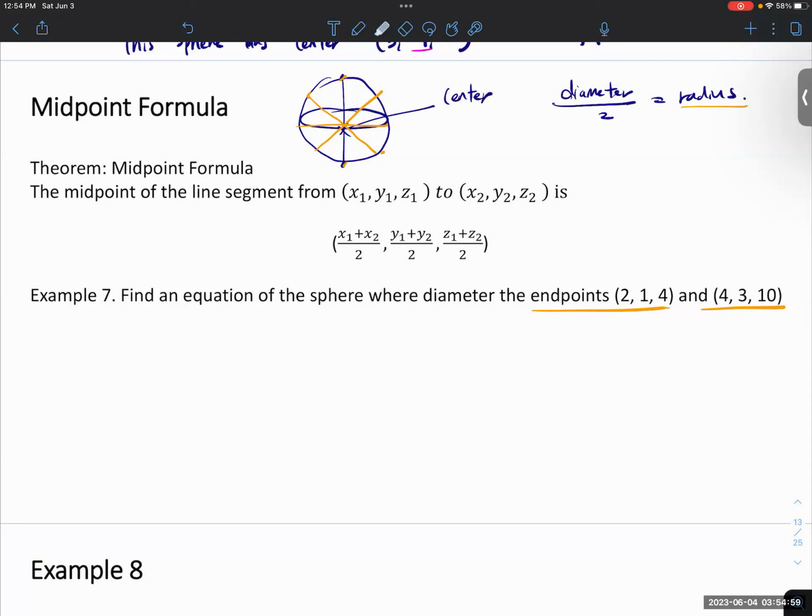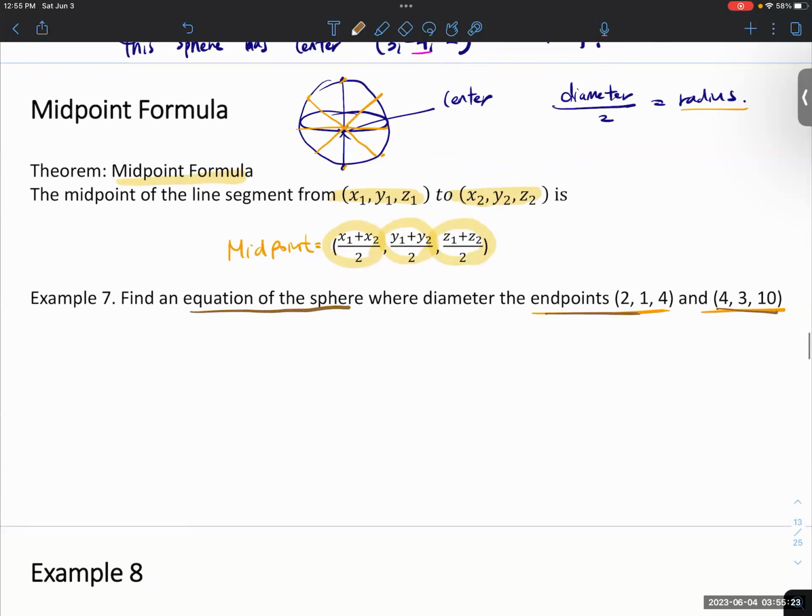So the midpoint formula is going to be this. If you have two endpoints, and you take the summation and divide by 2, that's going to be your midpoint. In the sphere, the midpoint will be the center. So therefore, in the following question, what do you guys think? We have two endpoints, correct? One is 2, 1, 4 and the other is 4, 3, 10.